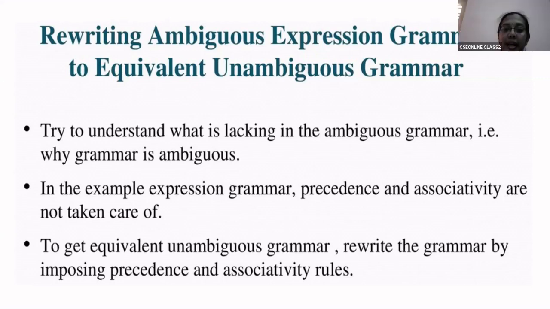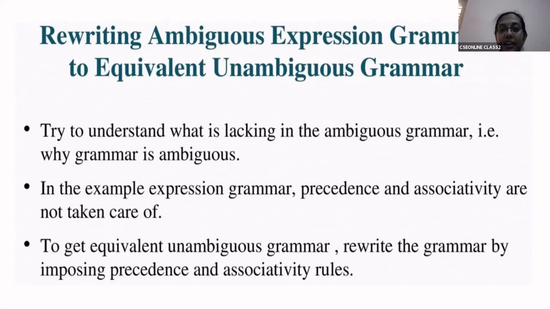So how do you eliminate ambiguity? You have to take care of the precedence when you're using different types of operators, that is addition, subtraction, multiplication or division, because multiplication has higher precedence over addition and subtraction. You also have to take care of the associativity of operators.